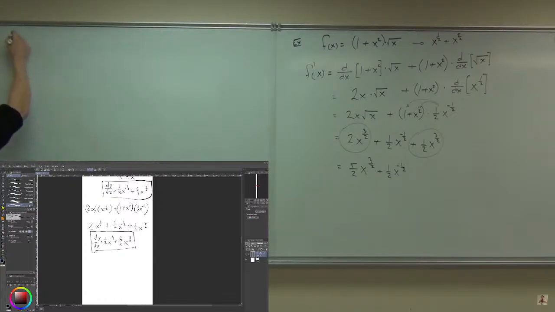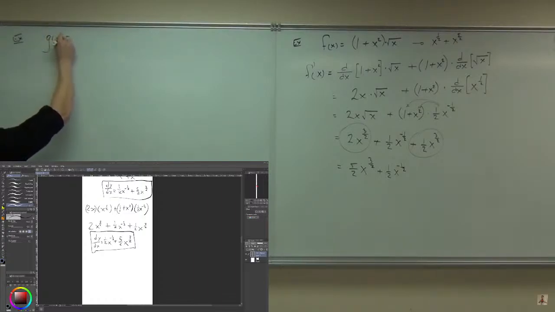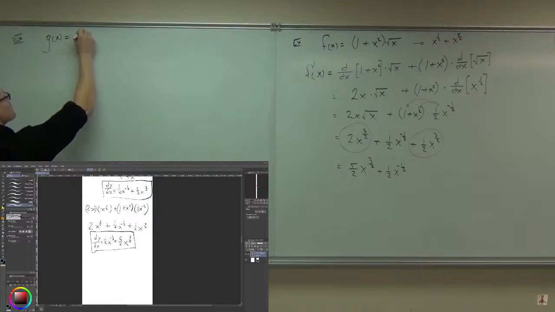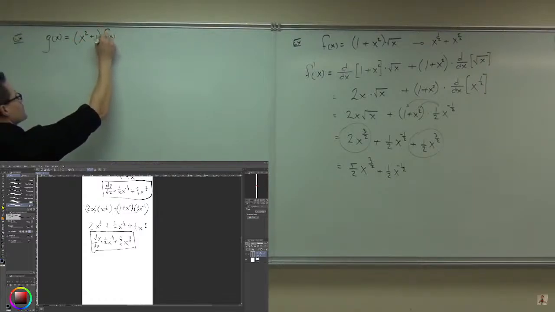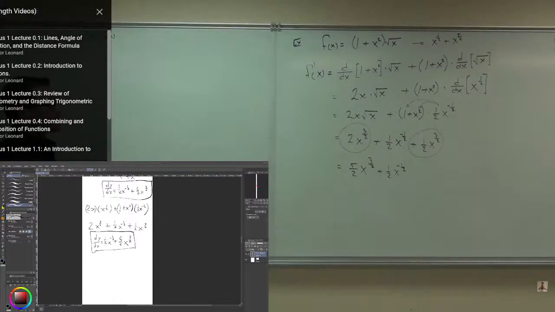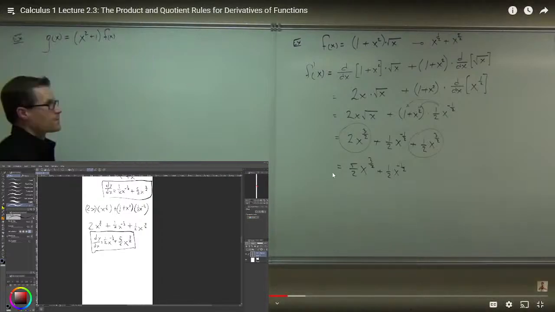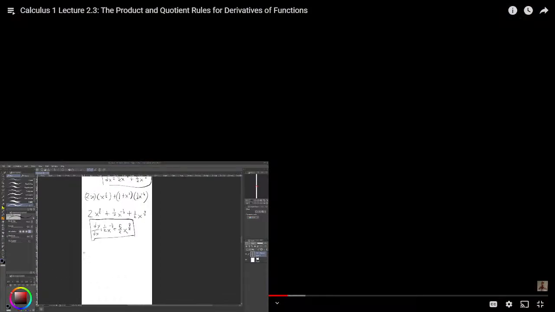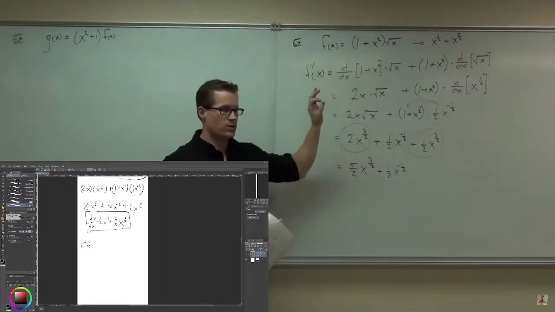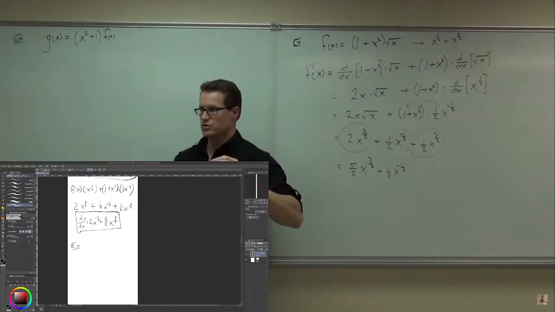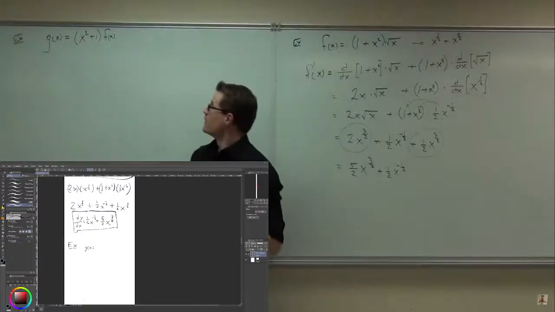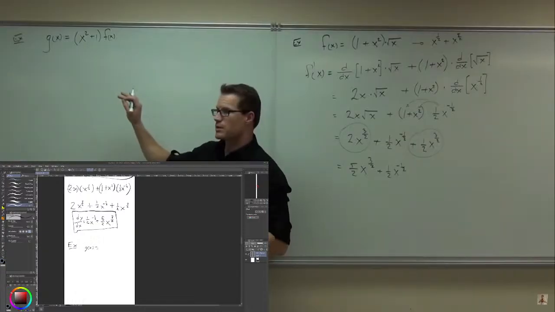No, it's this puzzle. You see, before, you could have gotten around this problem without doing the product rule. This one, well, you might still be able to do that.